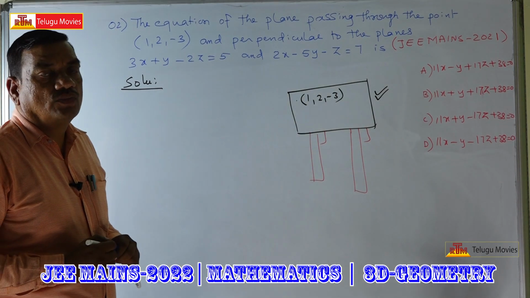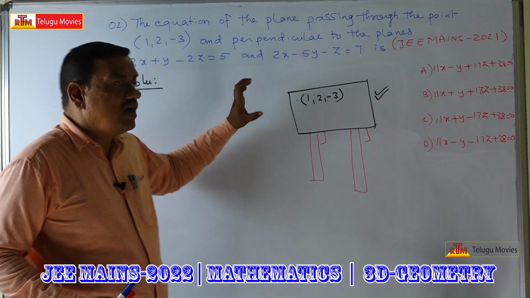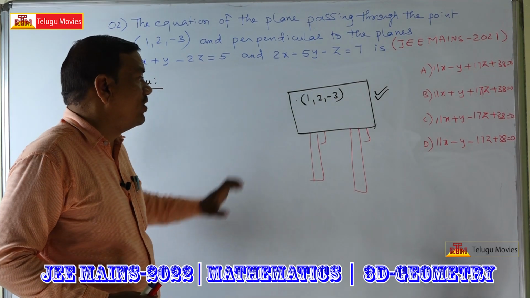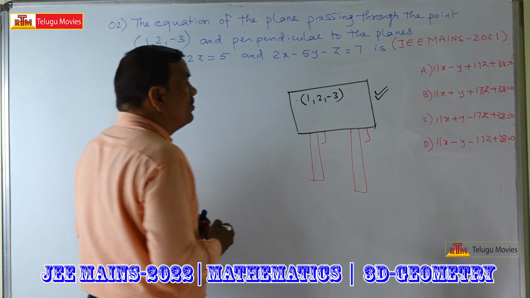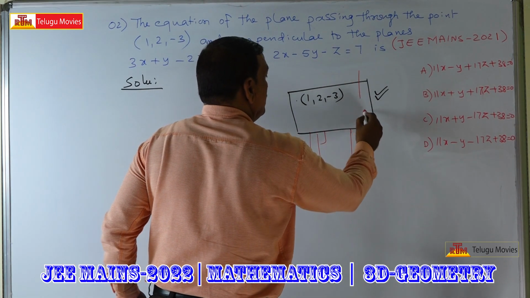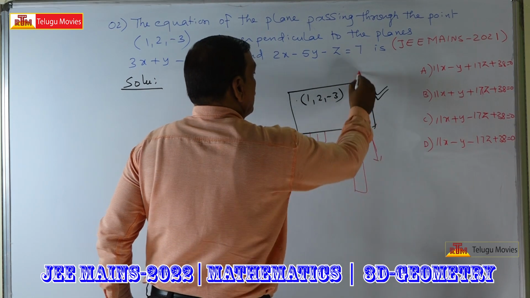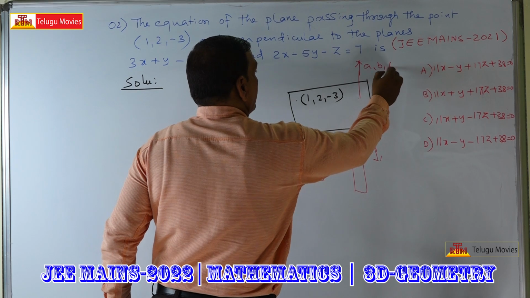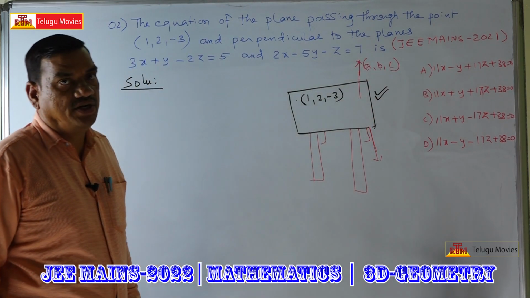As I already told in the concept, to find the equation of the plane, we want a point on the plane, and one more thing we want is the DRs of the normal, a comma b comma c. If you know a, b, c, the problem is completed.